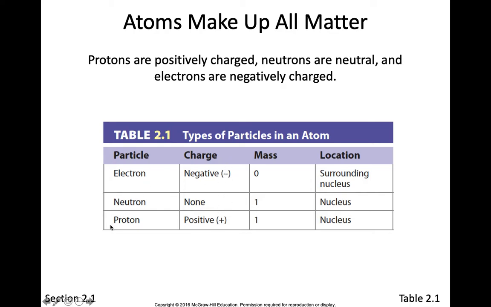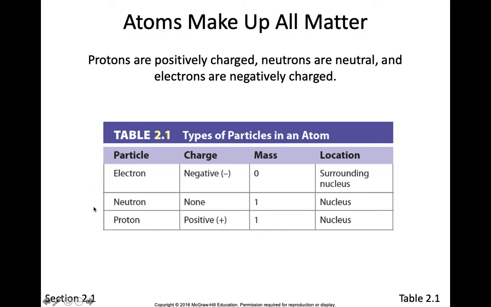The number of protons and the number of electrons in an atom tend to be equal. If you have 5 protons, you tend to have 5 electrons. 5 positive charges, 5 negative charges, and they cancel each other out. Atoms tend to not have charges.